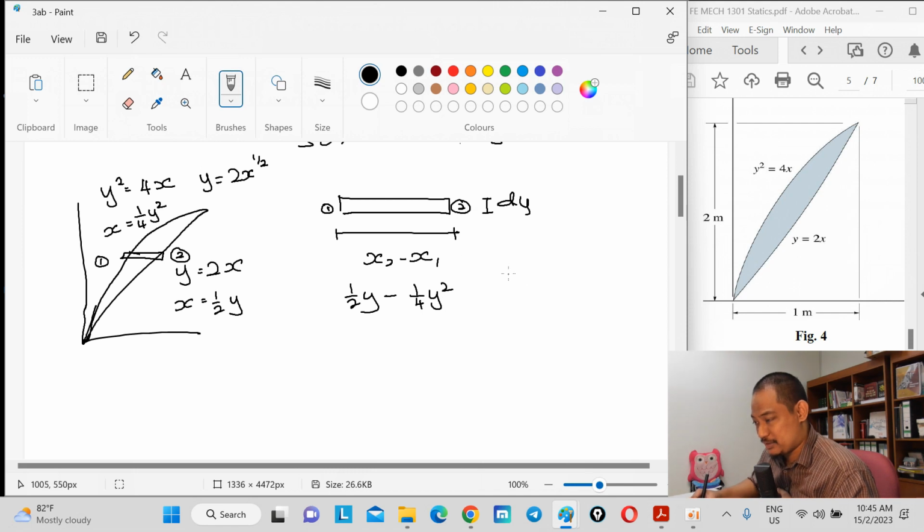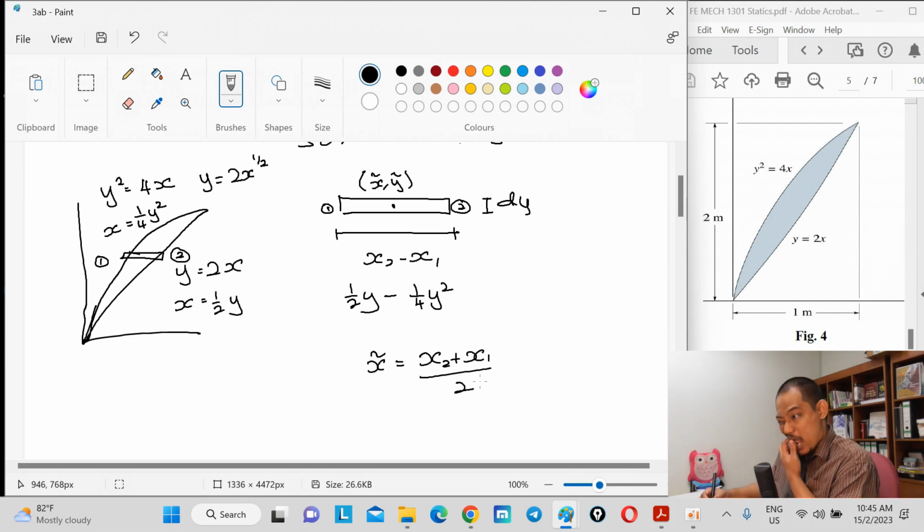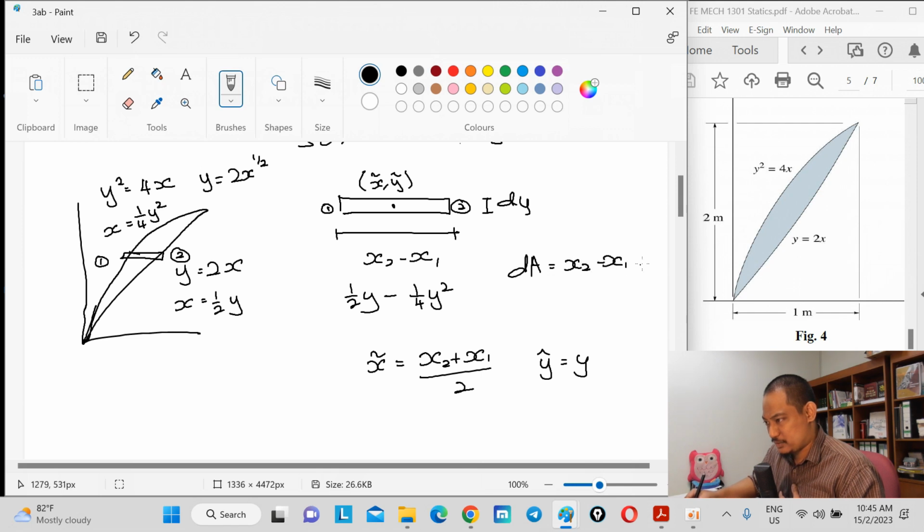Hence from here you can see x tilde and y tilde. Let's do one by one. x tilde would be x2 plus x1 over 2, while y tilde is y, and dA is basically x2 minus x1 dy, which we have simplified already: 1 over 2y minus 1 over 4 y squared dy.